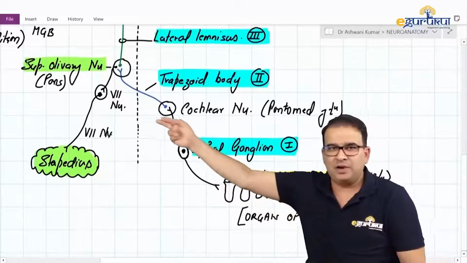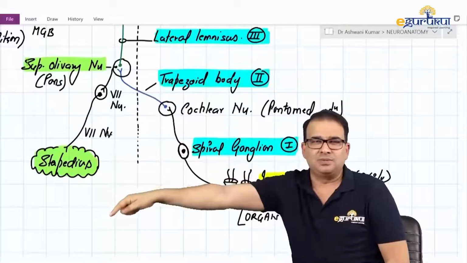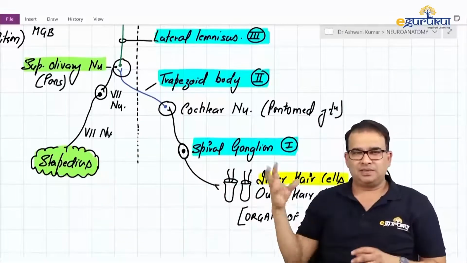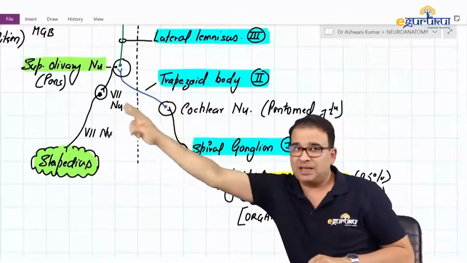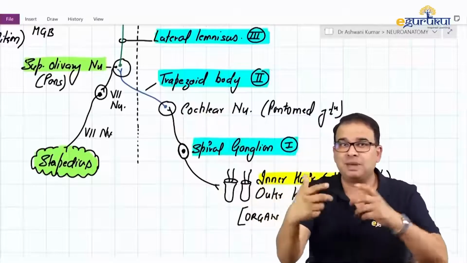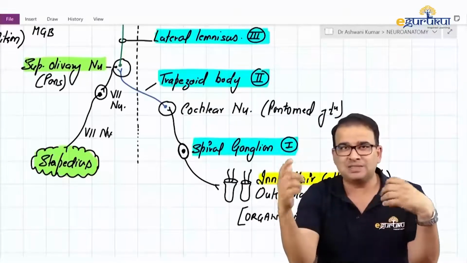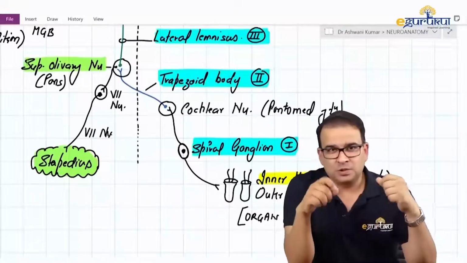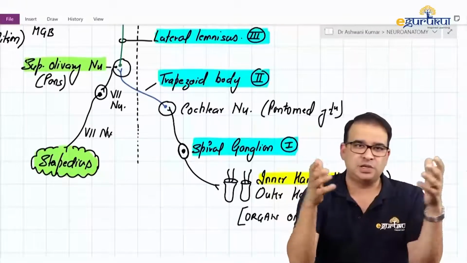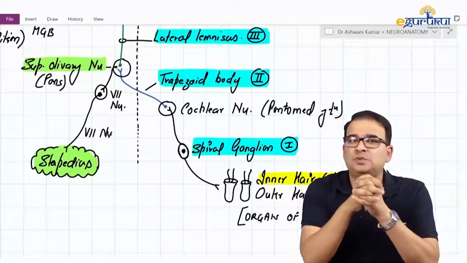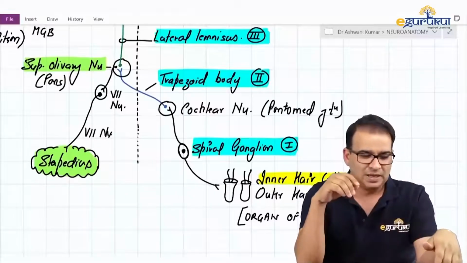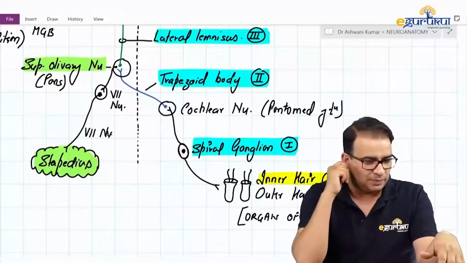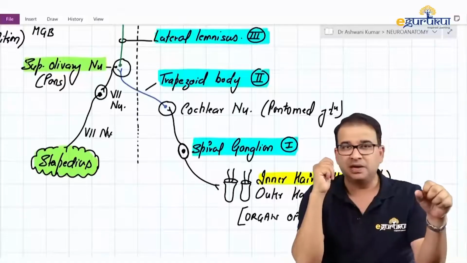That's the point where the afferent goes in, and that's how the efferent comes out. Again, the nucleus which receives the afferent and the nucleus which gives the efferent are close to each other, both in the pons. That makes sense. If they were in different parts of the brainstem, the reflex would be slower. So the superior olivary nucleus is in the pons, the facial nucleus is also in the pons, and that's why the superior olivary nucleus is called the center of the stapedial reflex. Please note that the superior olivary nucleus in the pons is the center for stapedial reflex.